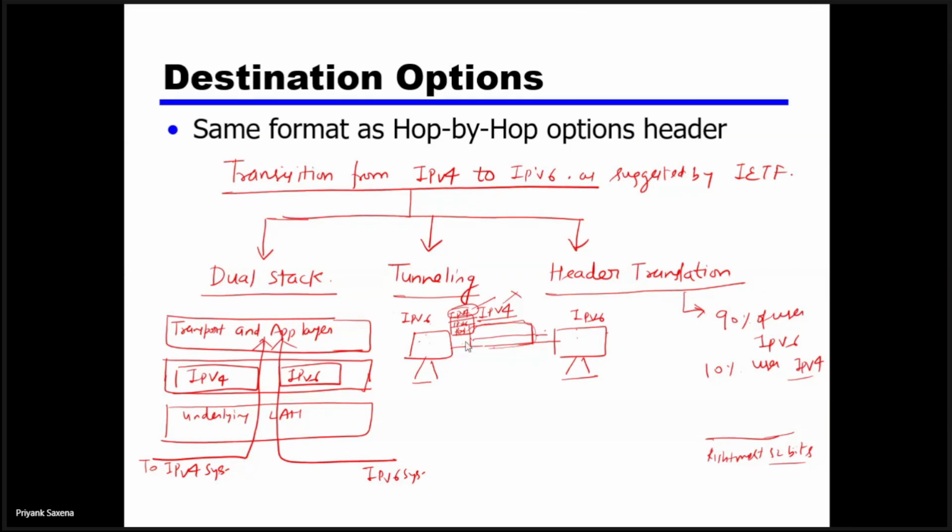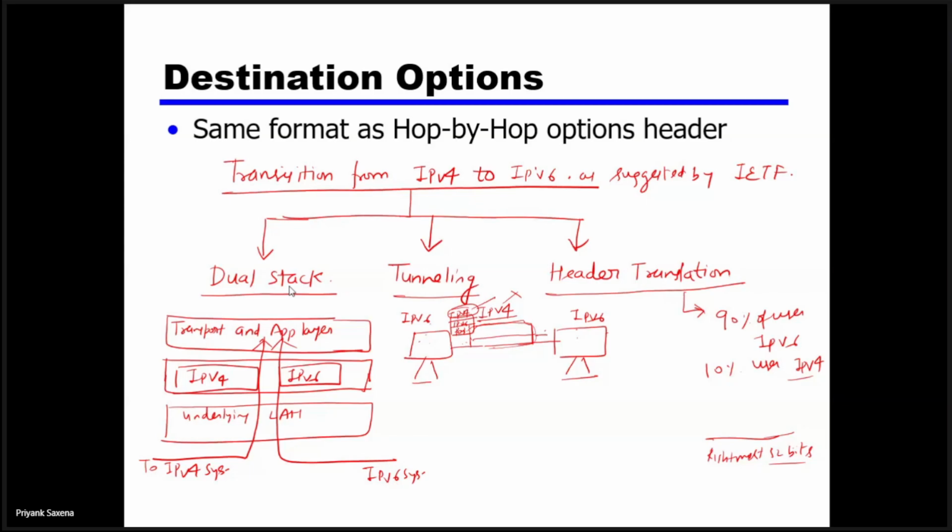Where IPv4 users exist. So how will this be done? Three ways were suggested. The first one is dual stack.